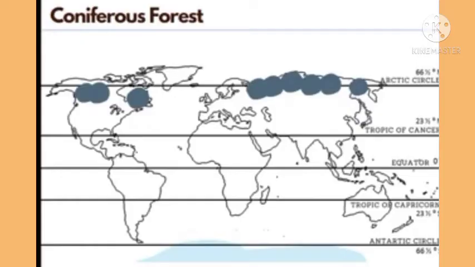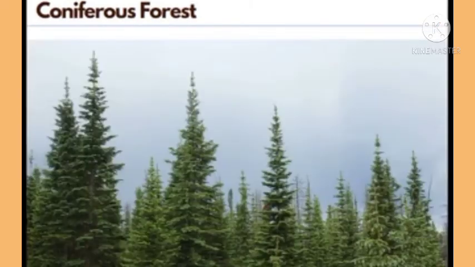Coniferous forest. In the higher latitudes, 50 to 70 degrees of the northern hemisphere, the spectacular coniferous forests are found. These are also called taiga. These are the trees which are found in the Himalayas in abundance. They are tall, softwood evergreen trees.